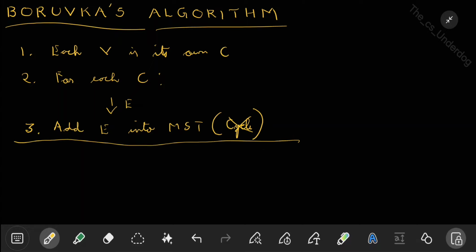What are we actually going to do in the algorithm? Logically, you are going to look at each component. For each component, you have to find out the smallest weighted edge that is going out, and you have to add all those smallest weighted edges into the MST.